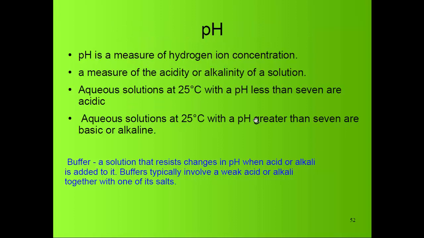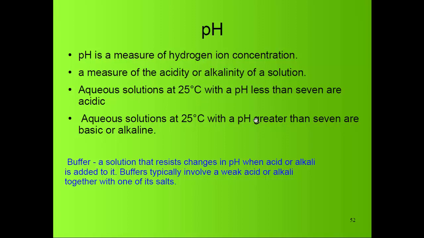By the way, the pH is a measure of hydrogen ion concentration, and it's a measure of acidity or alkalinity in a solution. So an aqueous solution at 25 degrees C with a pH of less than 7 is acidic, and aqueous solutions at 25 degrees C with a pH greater than 7 are basic or alkaline.